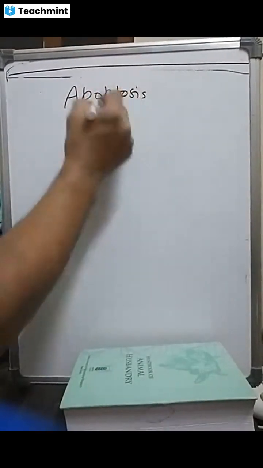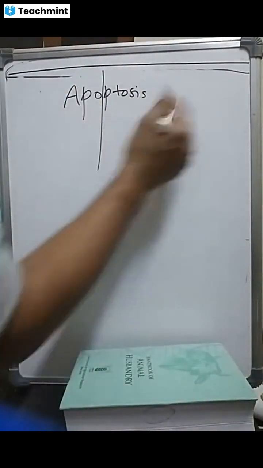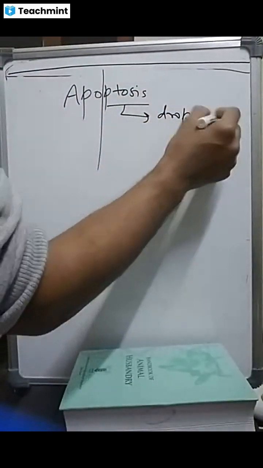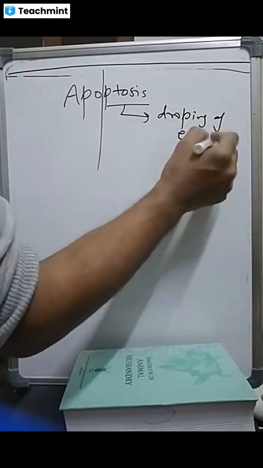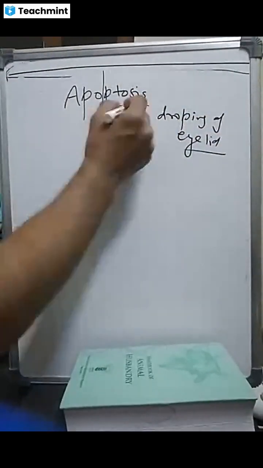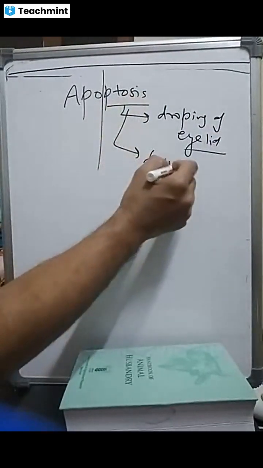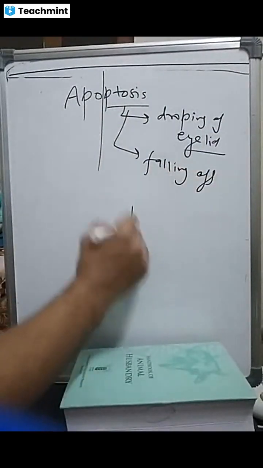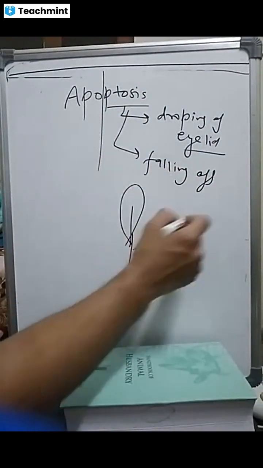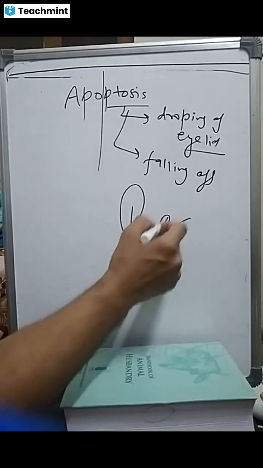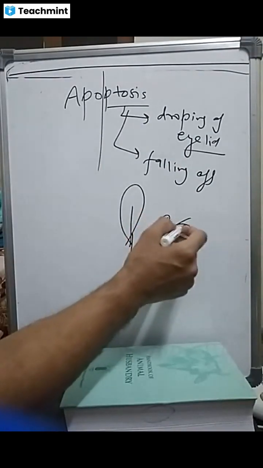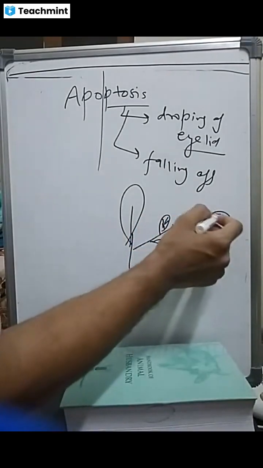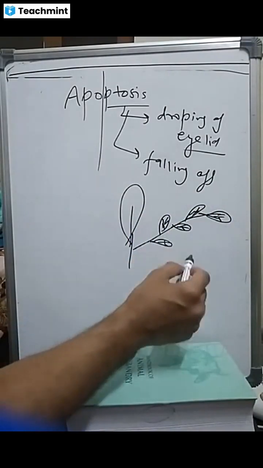Apoptosis. If you break the term, ptosis means, as in surgery, drooping of the eyelids. Here also the term means falling off. If this is a tree branch, it has leaves, and these leaves start falling off.